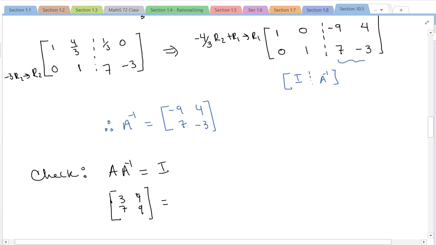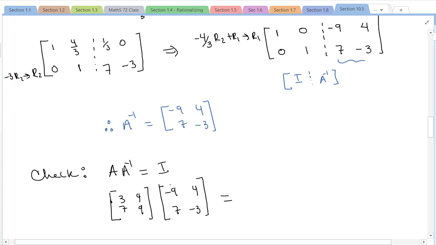And matrix A inverse is the one up here, so it's -9, 4, 7, -3. And you might say they look kind of similar. Well, yeah, and that's essentially the shortcut. But let's check it.